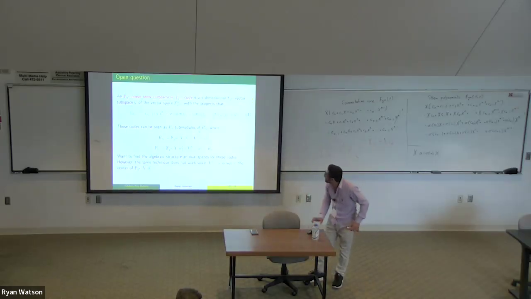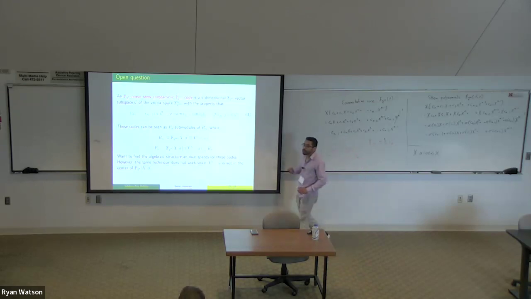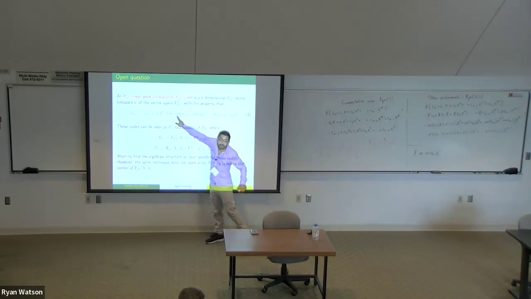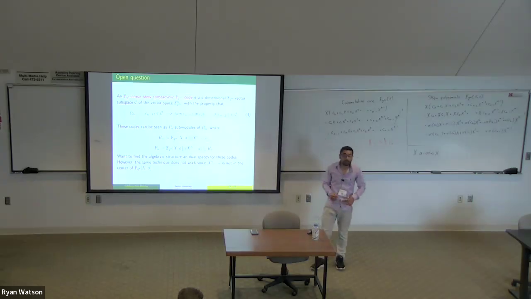But here is again what I have mentioned before, and with this I will be concluding. This is an open question. I want to be able to describe FQ linear skew constant cyclic codes, and the difference here is that I have this constant A instead of 1 as I had before, and now h to the n minus A is not an element of the center, so this technique is no longer working.